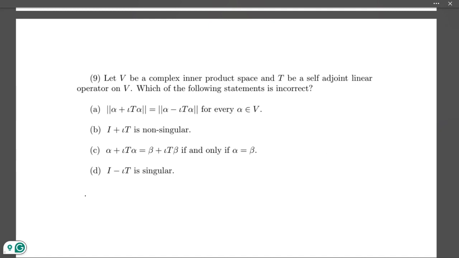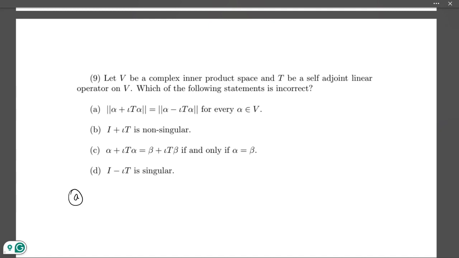Let's verify each option first, whether it is correct or incorrect. For every alpha, norm of alpha plus iT alpha is the same as norm of alpha minus iT alpha. Essentially they are saying that.